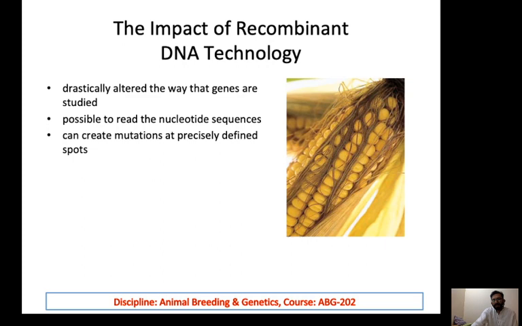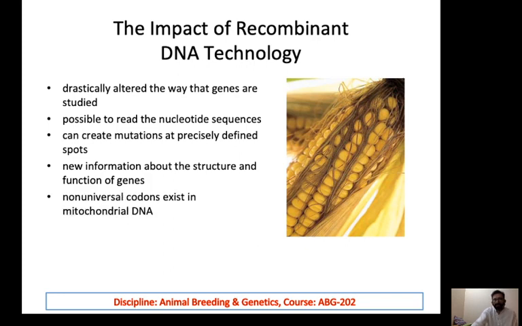And it can create mutations very accurately and precisely at a given spot, and we are able to study the results of these alterations or mutations in terms of the functions of the genes. The information about the structures and functions of genes is elaborated in this way, and this technology for the first time revealed that there are certain non-universal codons in the mitochondrial DNA.